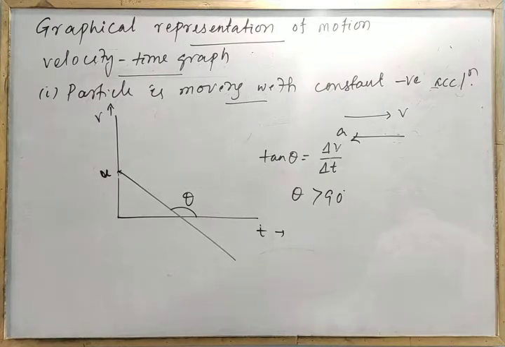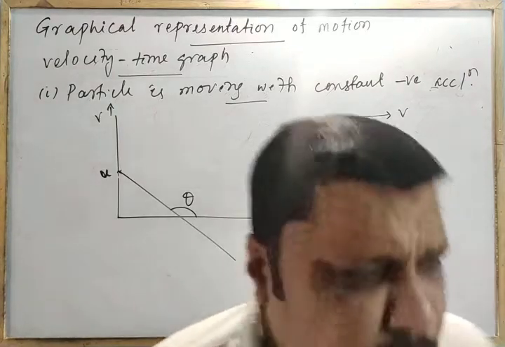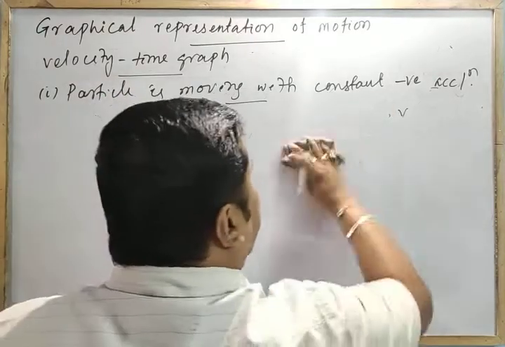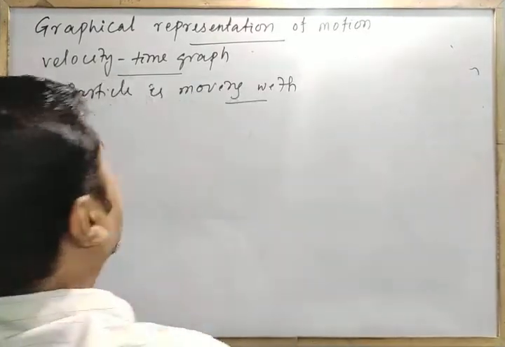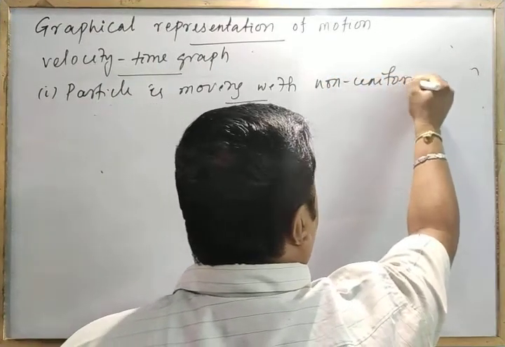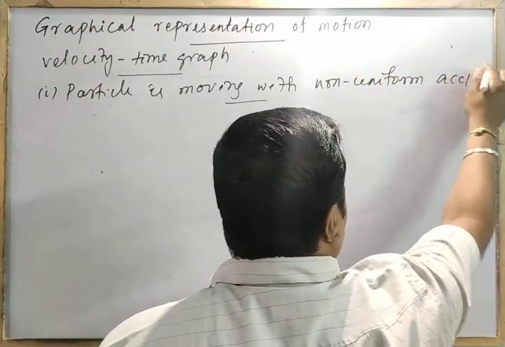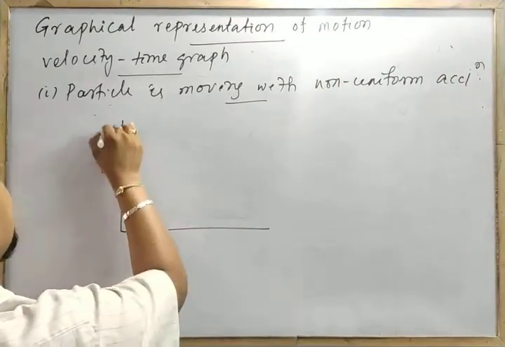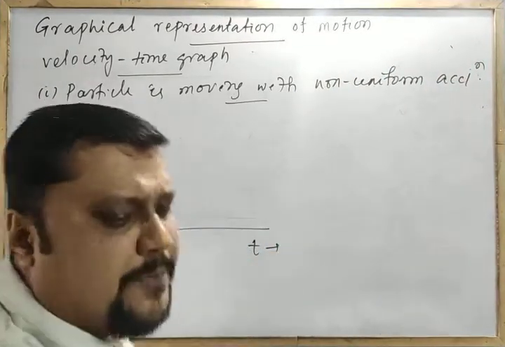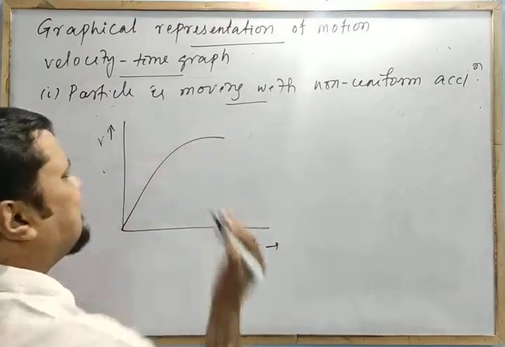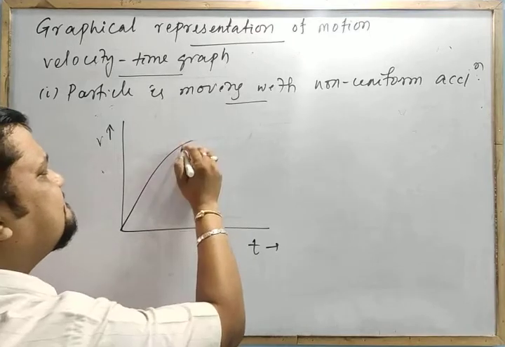Now suppose I go for the velocity time graph when the motion of the particle is with non-uniform acceleration. When the particle is moving with non-uniform acceleration, what is the velocity time graph? Suppose the velocity goes on increasing like this, then it will be like this.